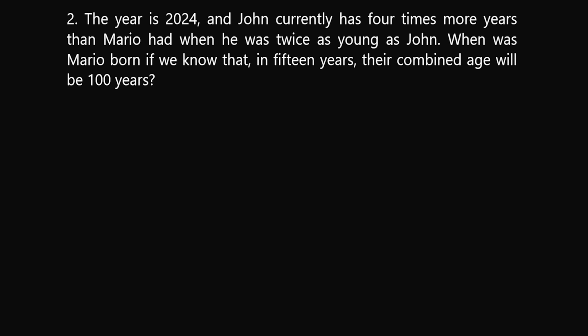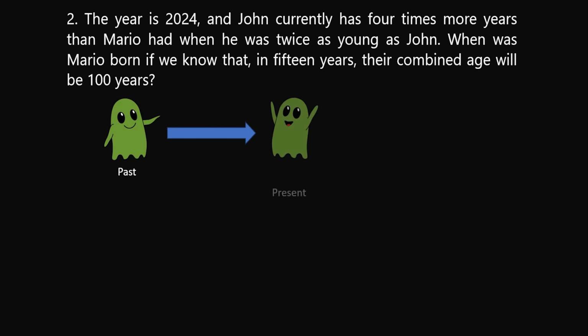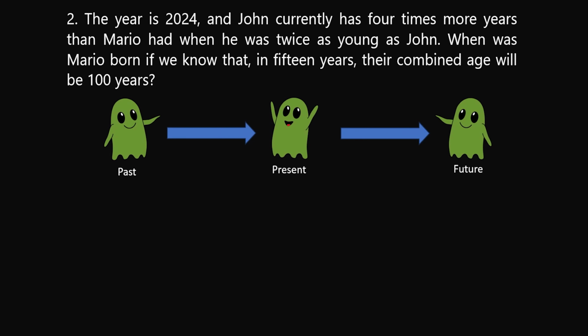Hope you had success with this one. I know it's a little bit of a mind breaker. If not, well, we will get to the answer right now. In this one, we need to think about what was, what is, and what will be. So we need to think about the past, the present, and the future.